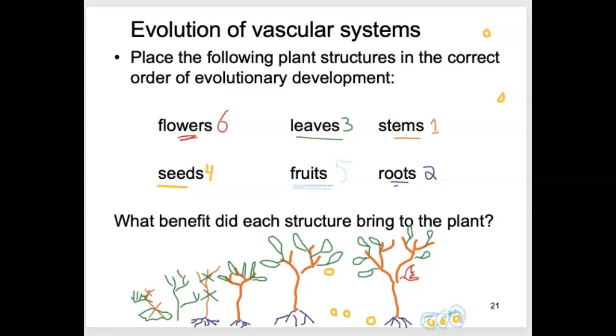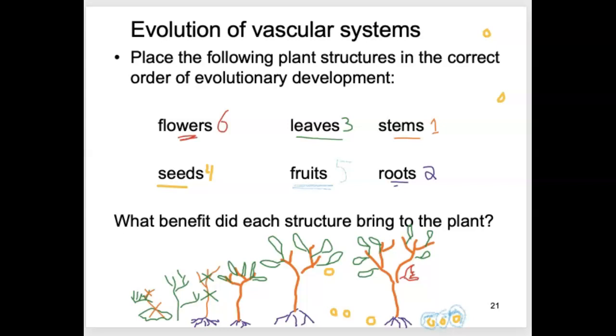If we can get different pollinators to come in, it increases reproductive potential, and everything else is going to help become more successful. All right, so that gives us a picture of how the vascular systems evolved over time and the process plants went through. So how many of you made it through all 6 stages of evolution? Again, if you didn't, you went extinct.